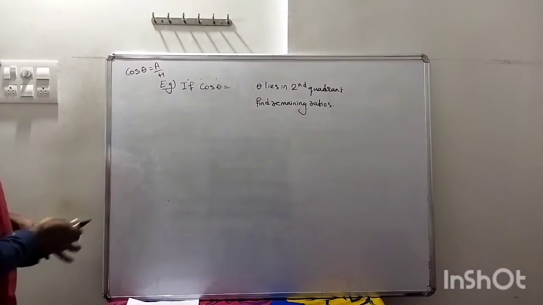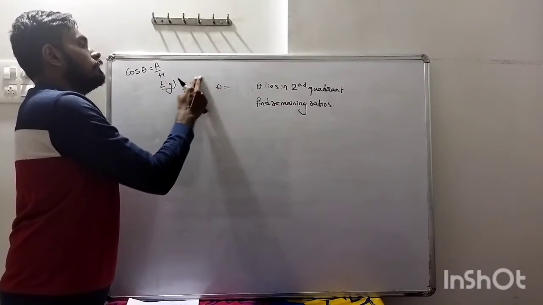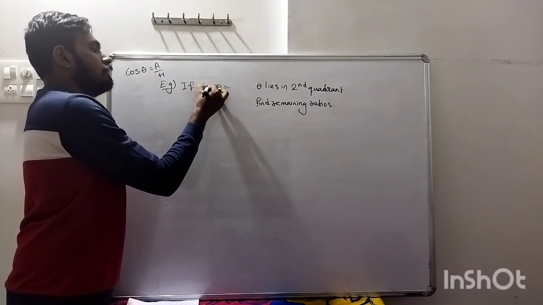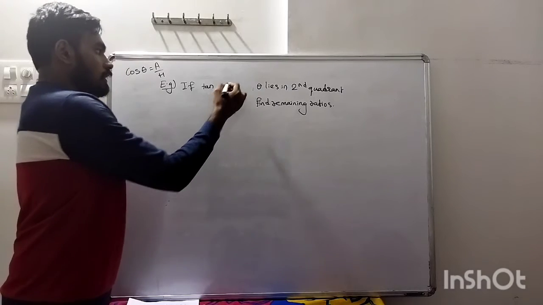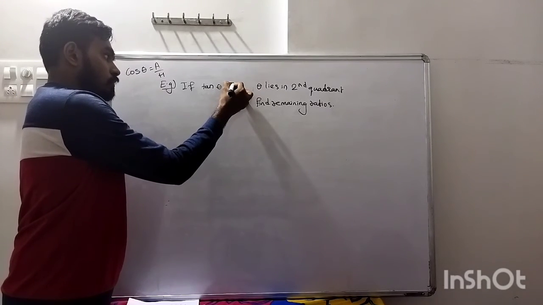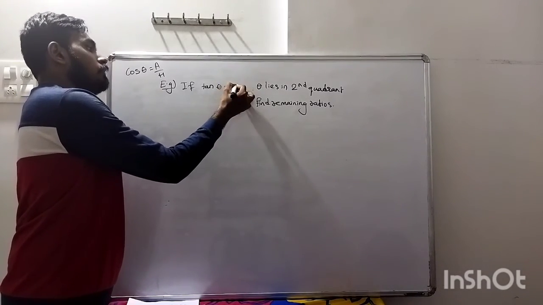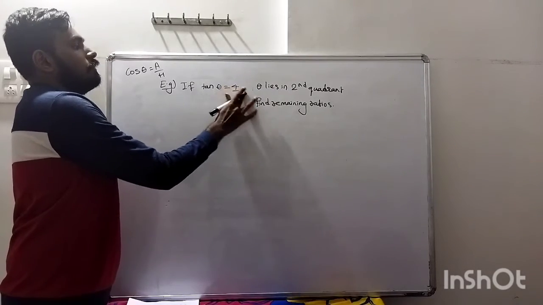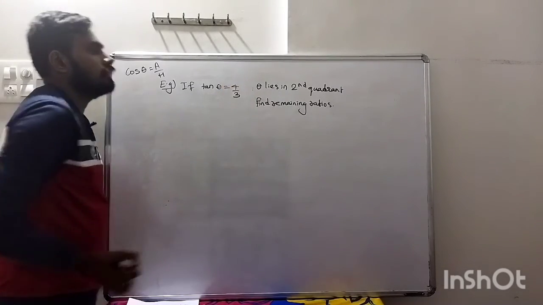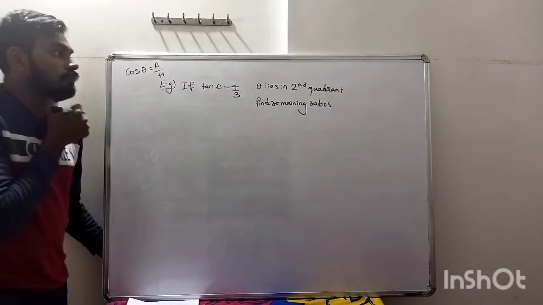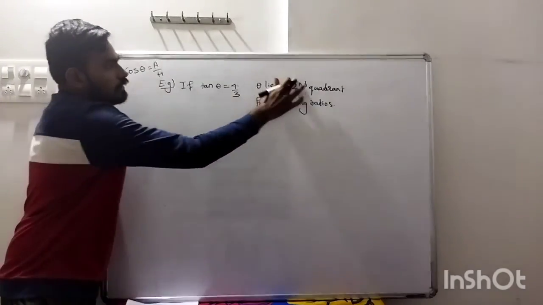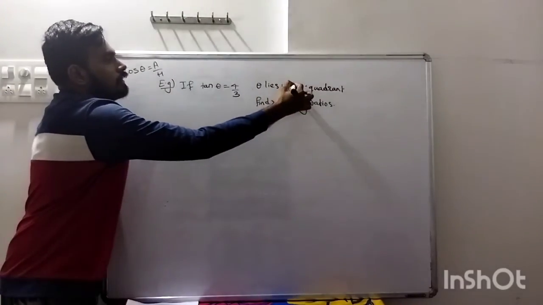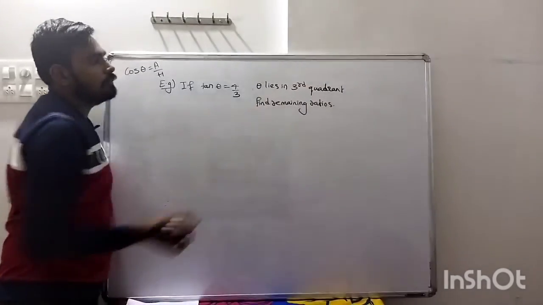If tan theta is 4 by 3 and theta lies in the third quadrant, find all the remaining trigonometric ratios.